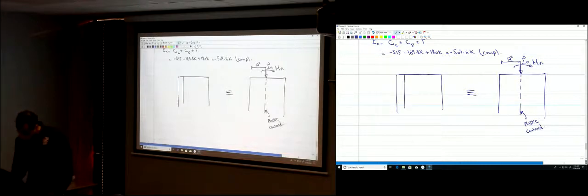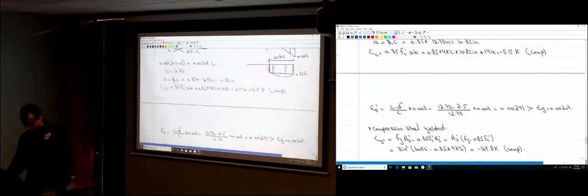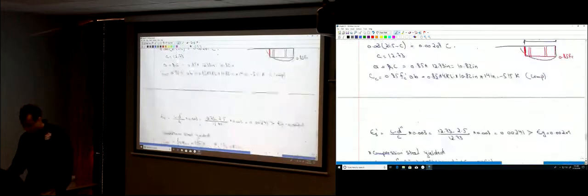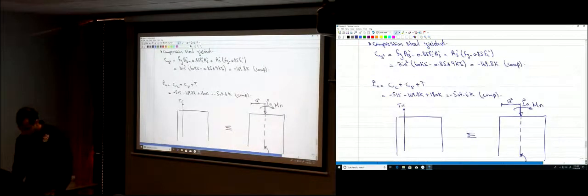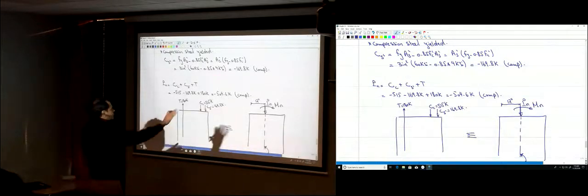We had steel here, so we had a tensile force, T, which was equal to 180 K. And we had a compression force in the concrete that was equal to, let me draw it, it's compression, it's 515 K. And there is a compression force in the compression steel that is equal to 169.8 K. So those two systems are equivalent to each other.